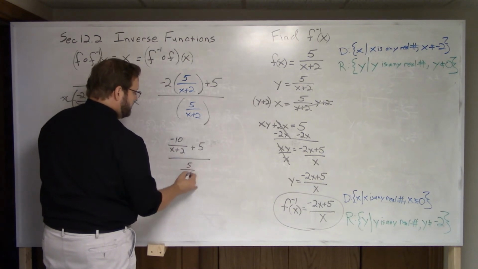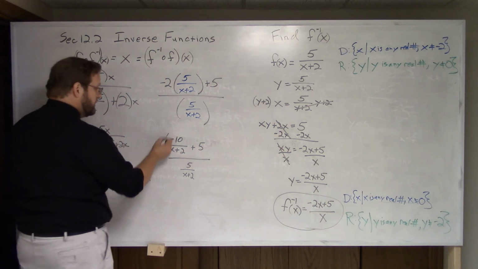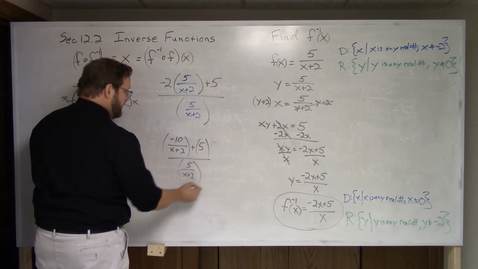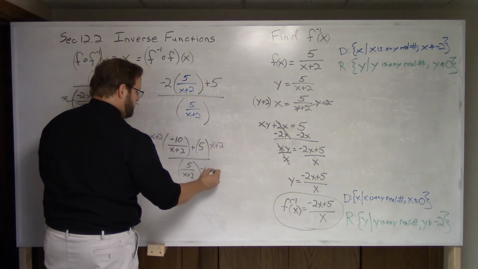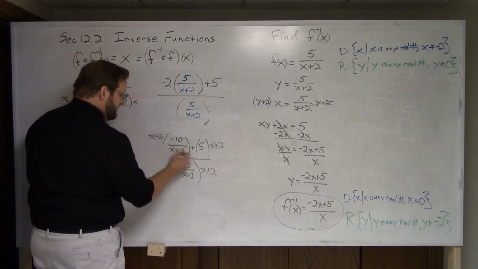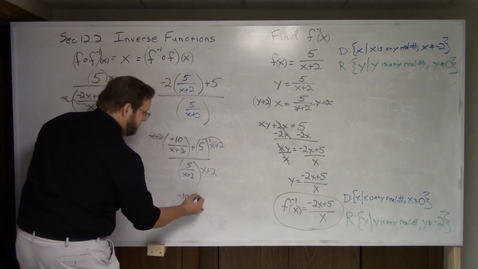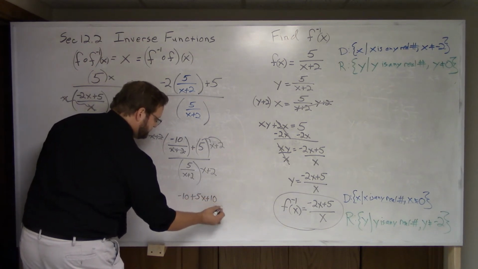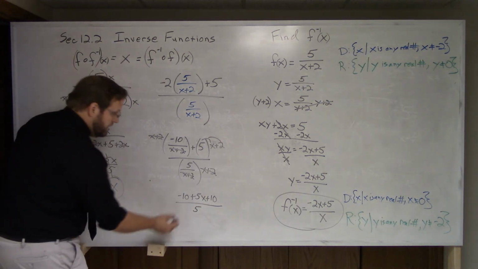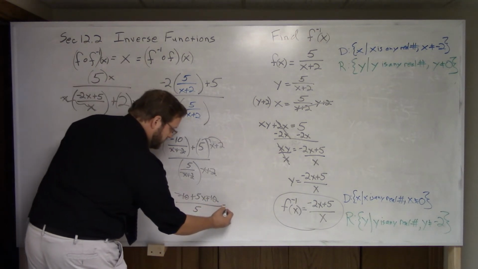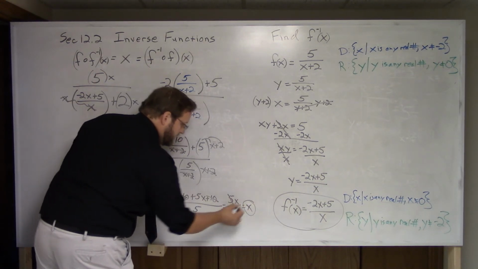Again, complex fraction. I'm going to clear it, multiplying all of those components. Canceling to get a negative 10, distributing to get 5x plus 10, and then I get a 5. These cancel, so I get 5x over 5, and I get an x.